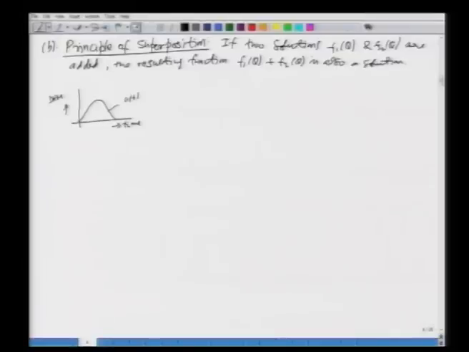So, the proportionality allows us to get the direct runoff hydrograph like this. These two curves are similar; the way I have drawn they may not look very similar, but you understand what I am trying to demonstrate. So, this is the DRH due to x centimeter of effective rainfall.